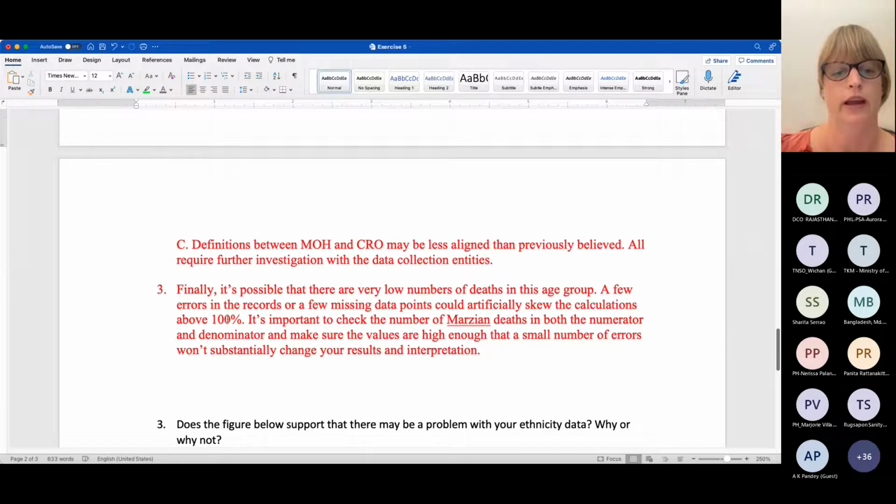So if you only had, say, 30 or 50 deaths in this age group, and there were 5 records that had errors, that could change things by, say, 20%. But if you have 10,000 records in this age group, then it's not likely that that's the problem. So you want to look at the actual count of deaths in this age group just to understand what's going on, if maybe that's a factor.